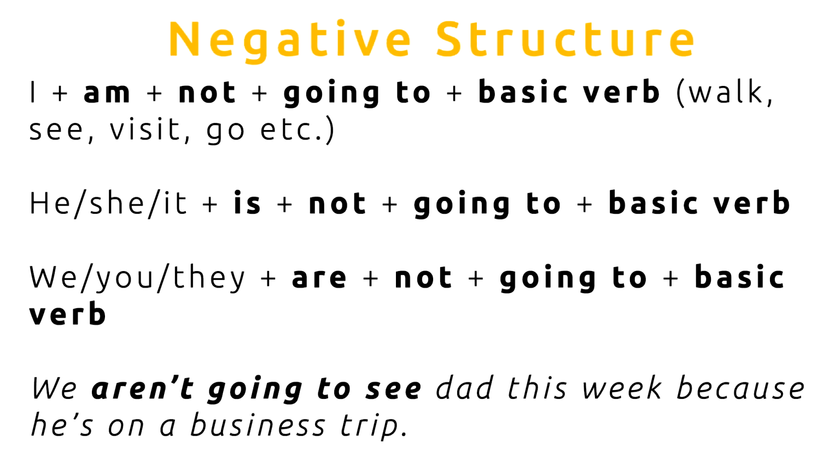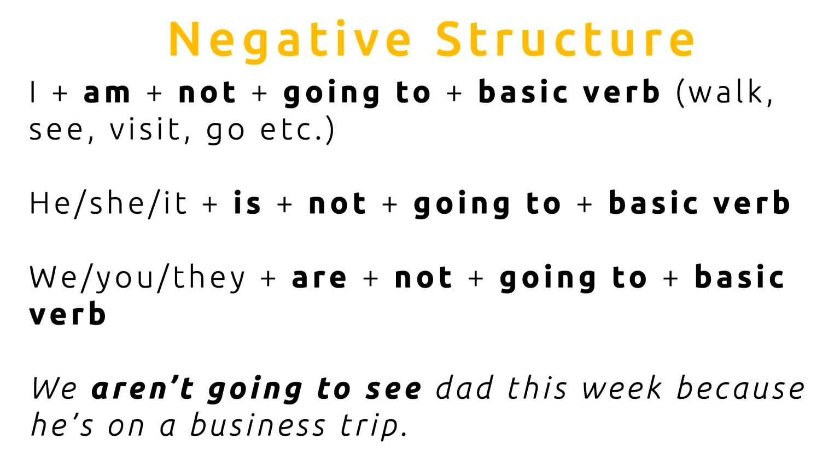Here is the negative structure. We simply add not to the structure. So I plus am plus not plus going to plus a basic verb. It sounds very long and complex, but it's actually quite simple. For he, she, and it, we use is plus not plus going to plus a basic verb.